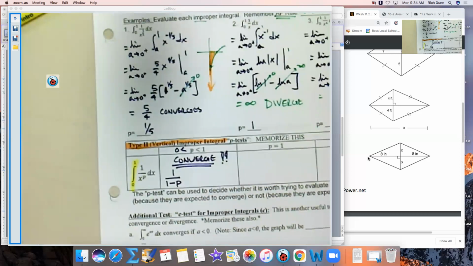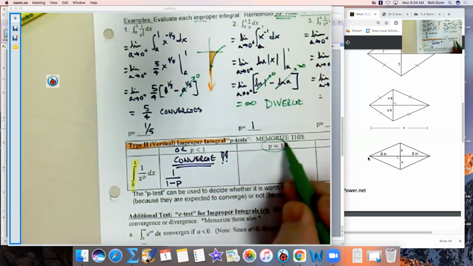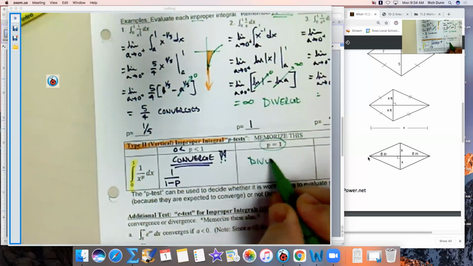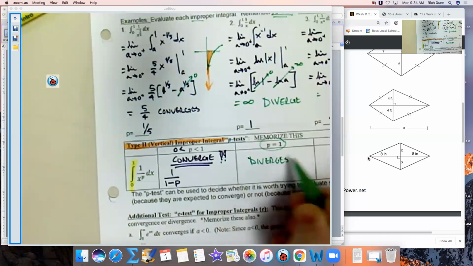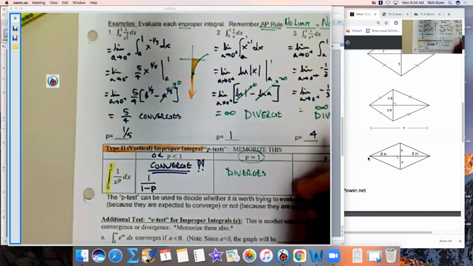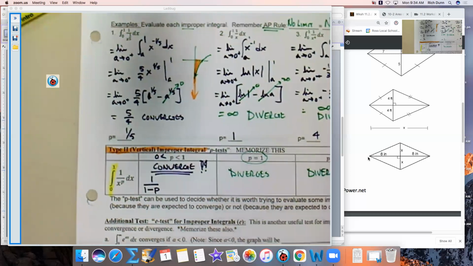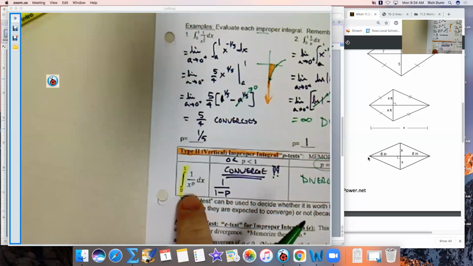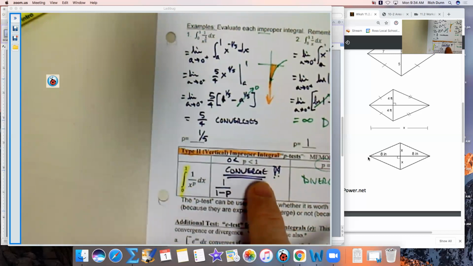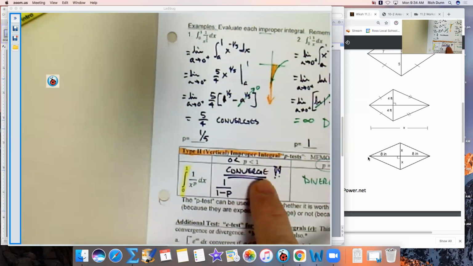When our P value equals 1, this will always diverge. If our P value is greater than 1, like 4 in our example up here, this will always diverge. So again, the integral from 0 to 1 in this power form, where our power is in the denominator here, will converge when P is less than 1. From 1 to infinity will diverge when P is less than 1.